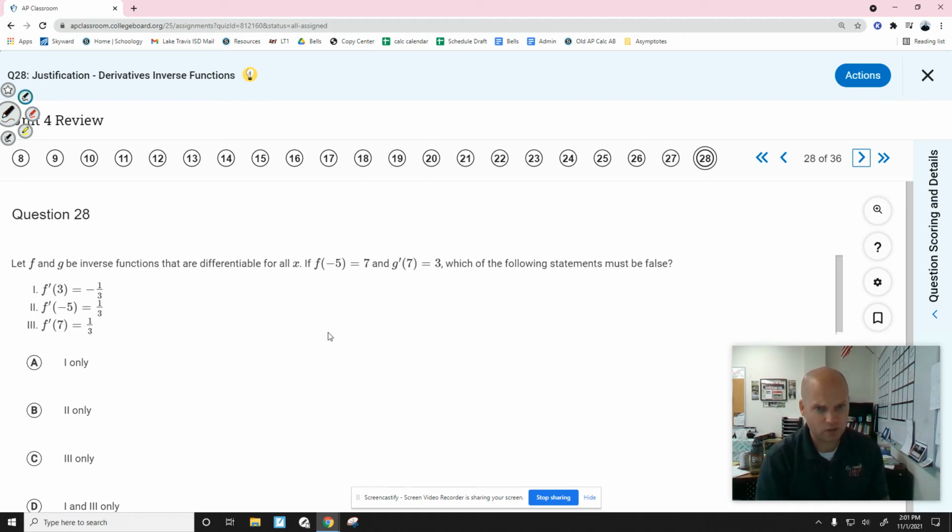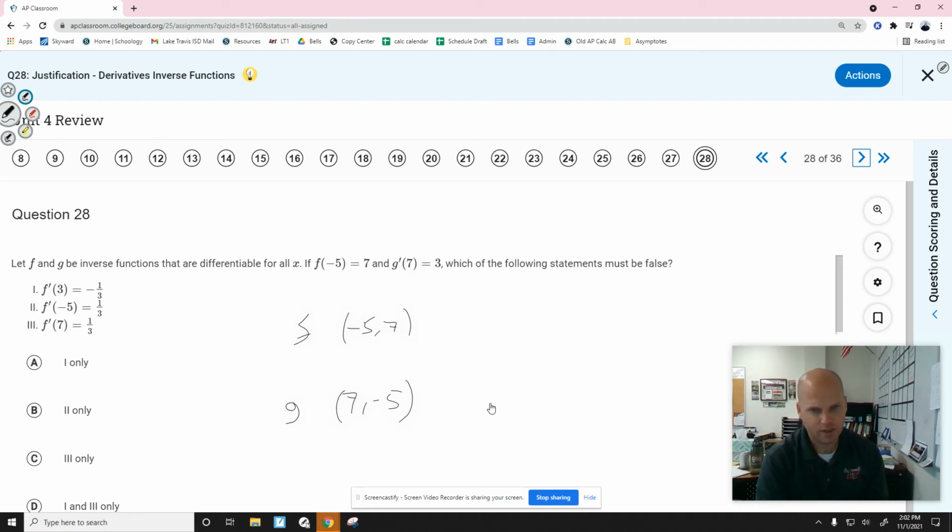f and g are inverses. f's got (-5, 7). g prime of 7 is 3. Which of the following statements must be false? Let's see. There's a question that Huffaker and I have looked at before and it blew our minds how we got it wrong.